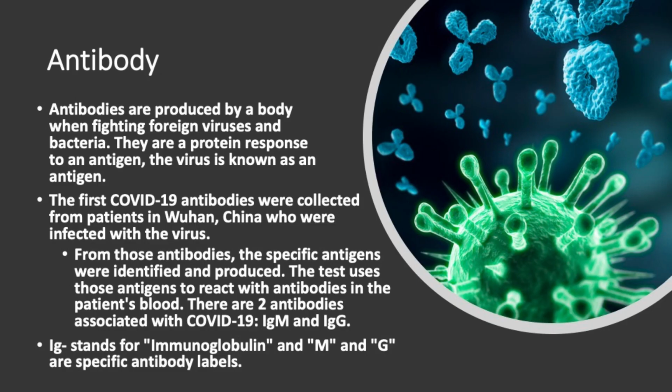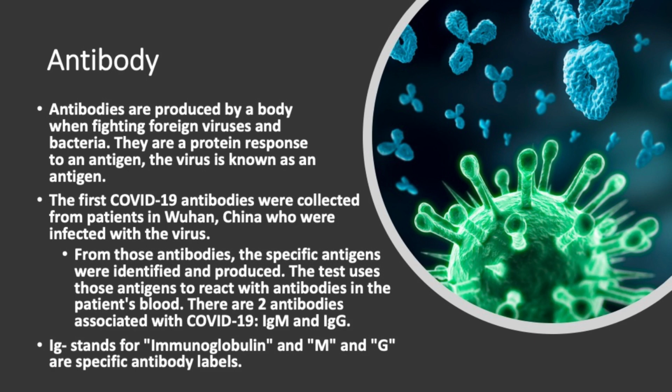An antibody is produced by the body when fighting a virus or a foreign body or bacteria. It is a protein response to an antigen, the body's response to the antigen. The first antibodies, as I mentioned a few minutes ago, were collected in Wuhan, China in December of 2019, from the bloodstreams of people who had the virus.